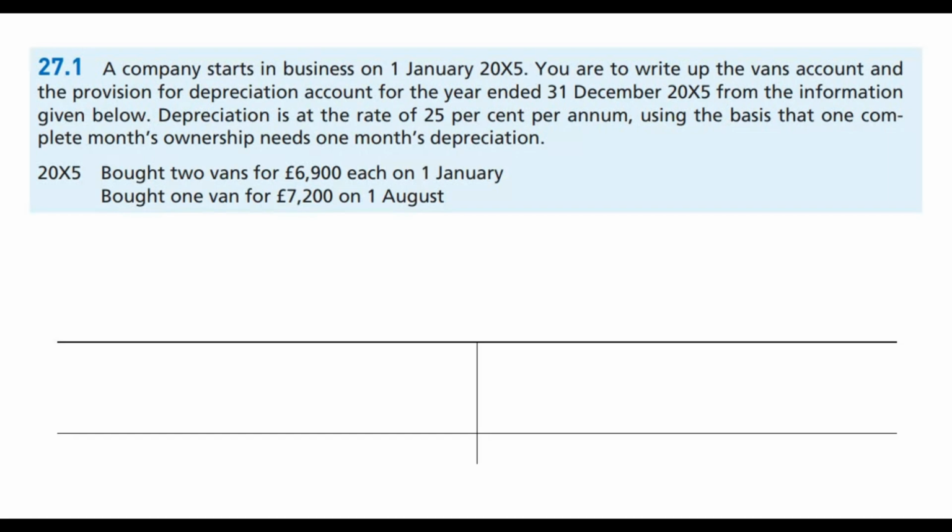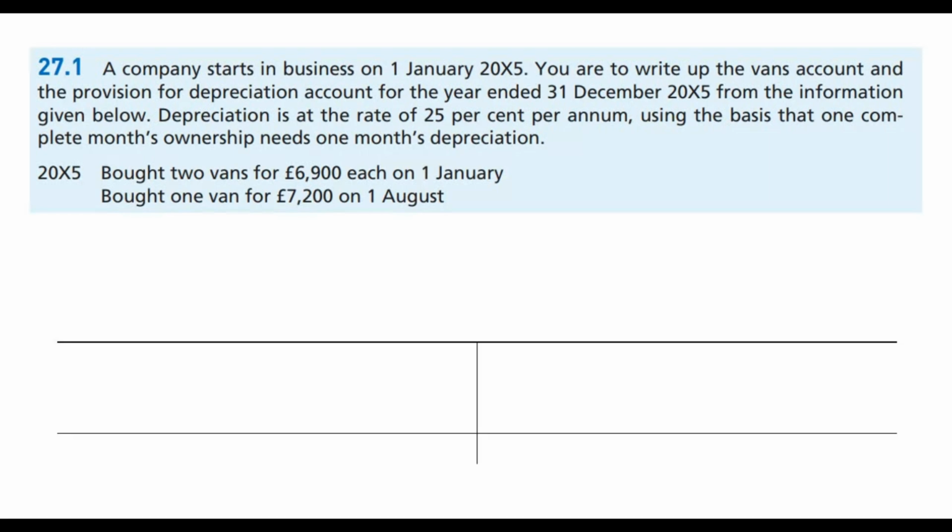From the information given below, depreciation is at the rate of 25% per annum, using the basis that one complete month's ownership needs 1 month's depreciation. 20x5: bought two vans for £6,900 each on 1st January, bought one van for £7,200 on 1st of August. So they have bought three vans in total, two on 1st January and one on 1st of August.